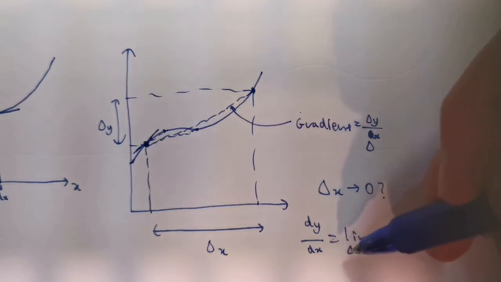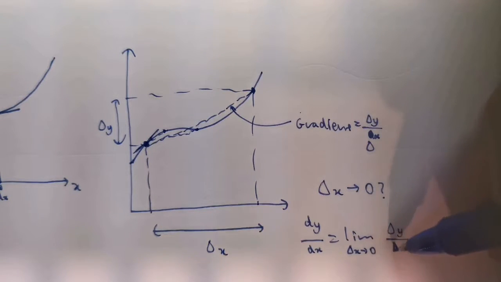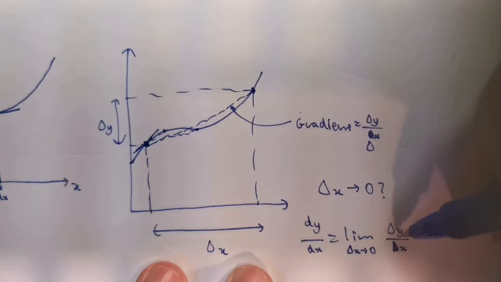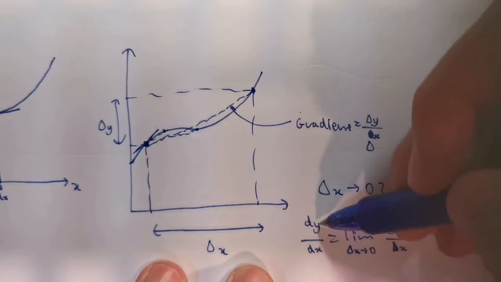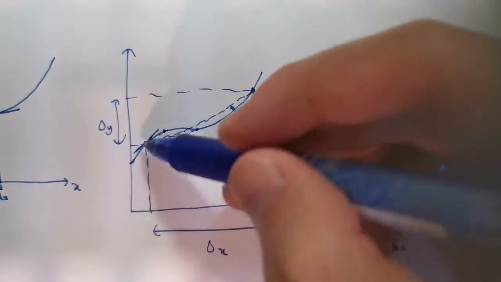As delta x tends to 0 but is not exactly 0, then your delta y over delta x will eventually tend to dy over dx, which is your derivative.